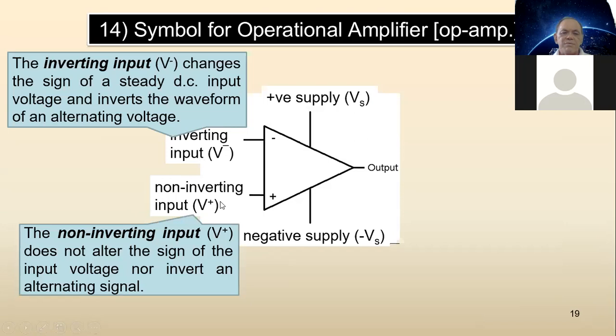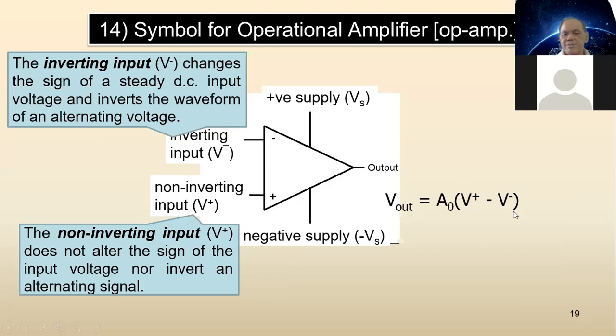This is the non-inverting input. That means when you put in positive, it comes out positive. It does not change the input. So the output equals A naught times the input. Basically, the input is just your V plus minus your V minus.